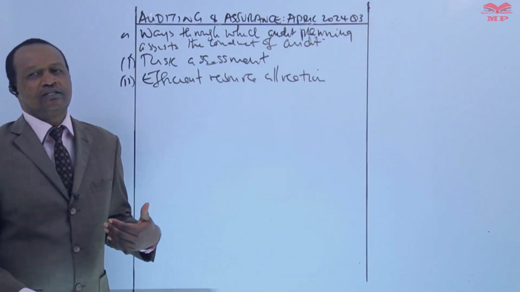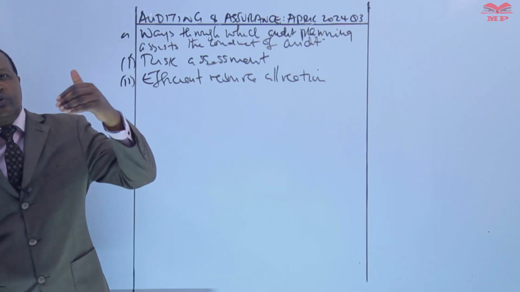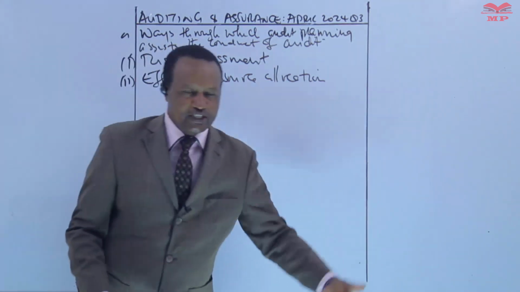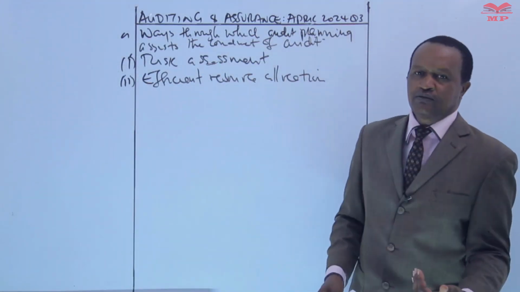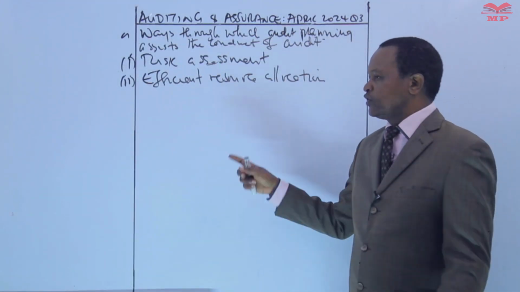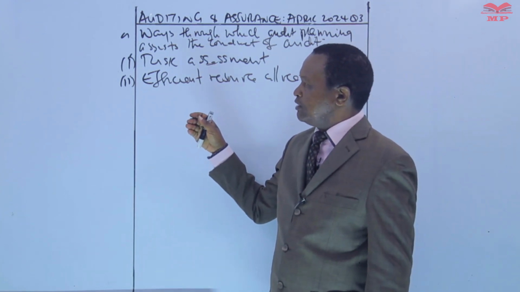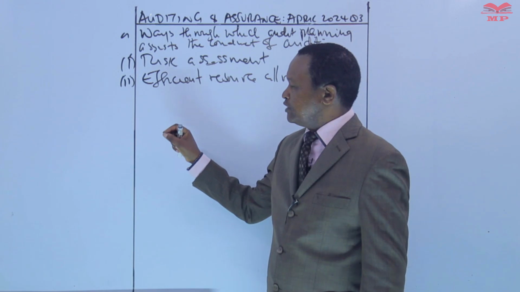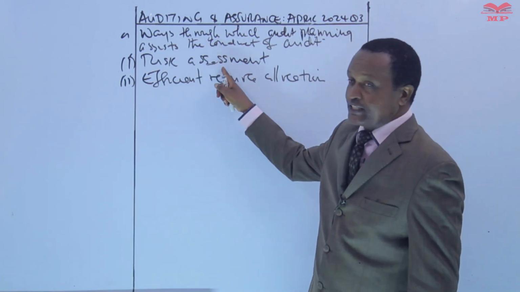And that is done by estimating the time and effort required for different audit procedures. You understand? But these procedures, don't forget, candidates, are prepared or planned based on the risk assessment.